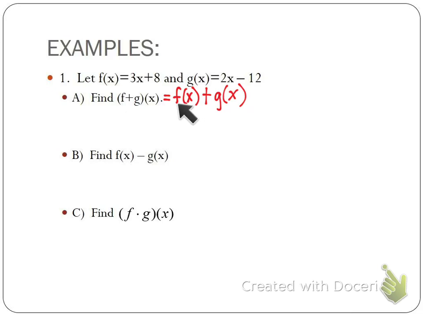So I'm going to, instead of an f of x here, put the function for f of x. What is it? 3x plus 8. 3x plus 8, and then we've got that plus sign in the middle. What's g of x? 2x minus 12. Okay, what should we do with this?